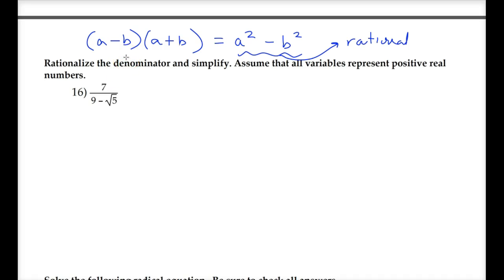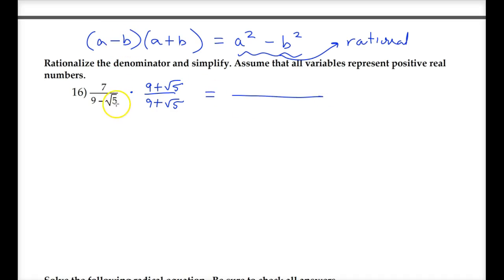1.33333, repeat. Okay. Now here, since we have 9 minus square root of 5, what we want to do is multiply numerator and denominator by 9 plus square root of 5. And so the 9 is representing a here and the square root of 5 is representing b.